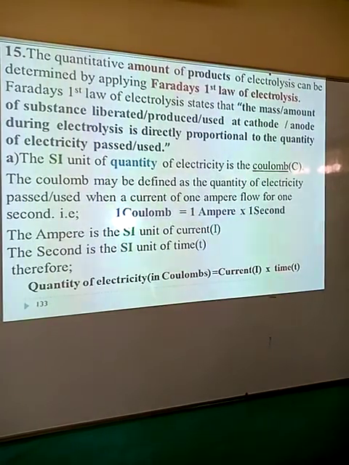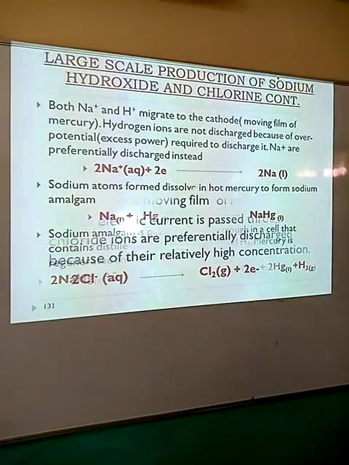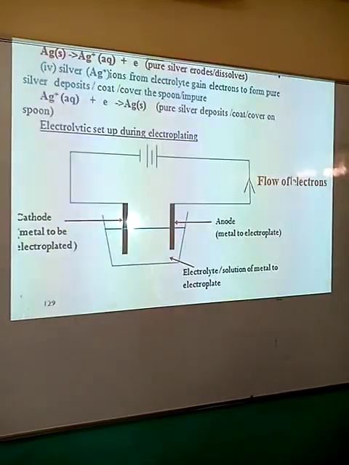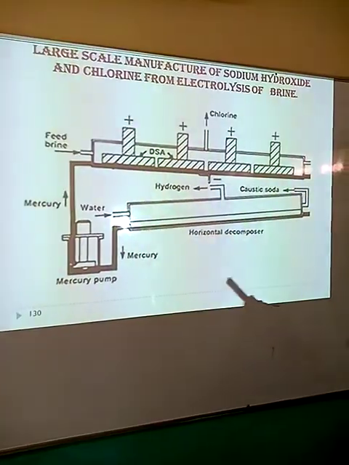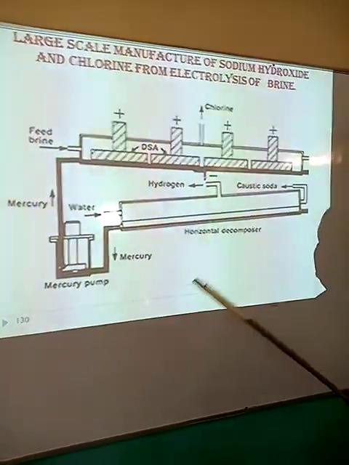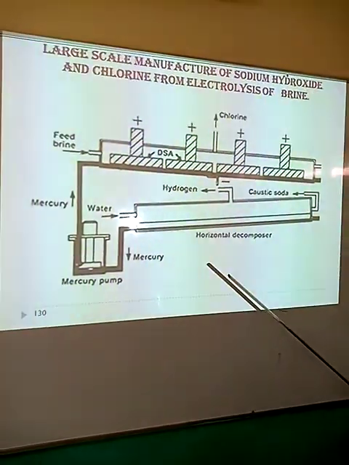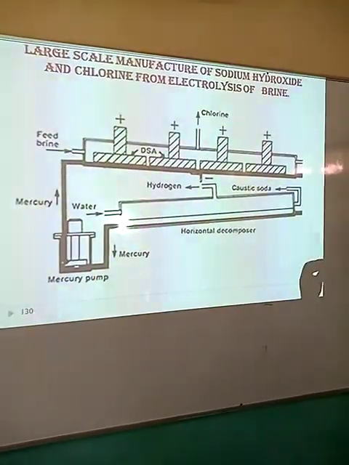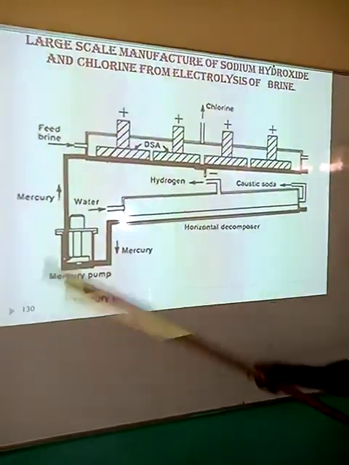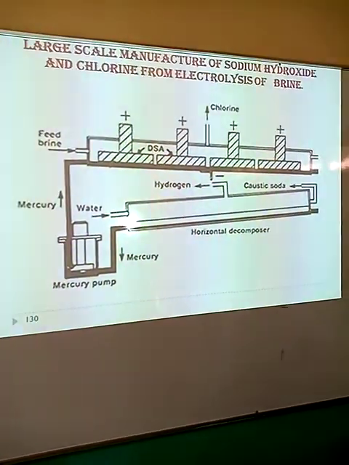Now, a downcell is a kind of setup that is made in such a way that, if you look at this flow chart, there is brine coming in here. This brine is concentrated sodium chloride.